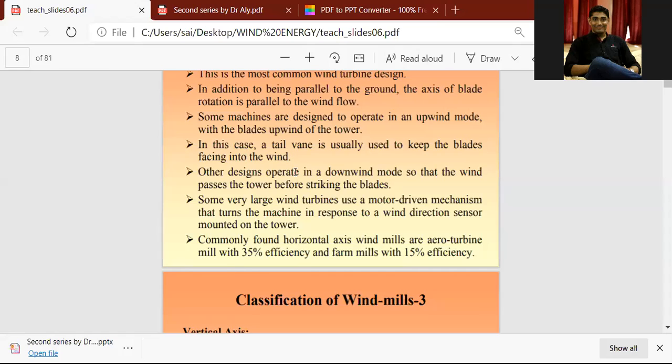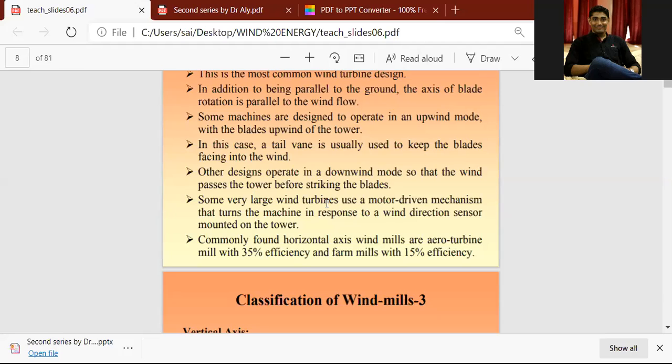Other designs operate in downwind mode so that the wind passes the tower before striking the blade. Which means in the upwind design, the wind directly strikes the blades, and in the downwind design, it first passes through the tower and then strikes the blade.